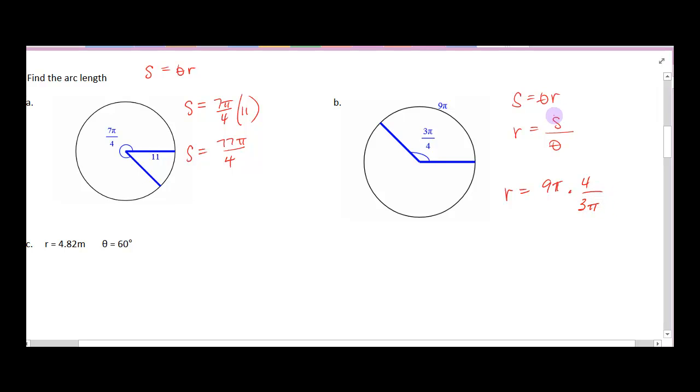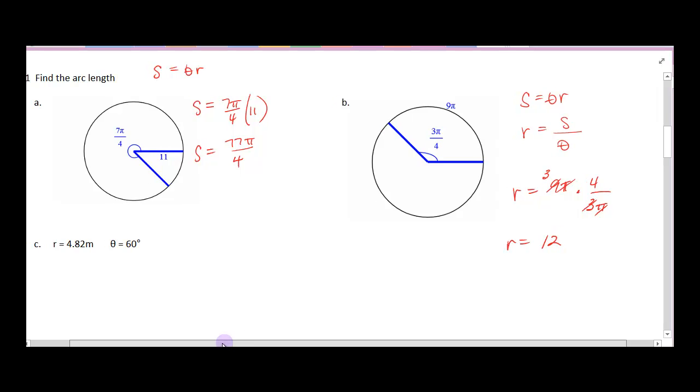Dividing the arc length S by theta is the same thing as multiplying by the reciprocal since theta was a fraction. My 3 is going to divide into that, pi cancels off, and I find that the radius of this particular circle is 12.